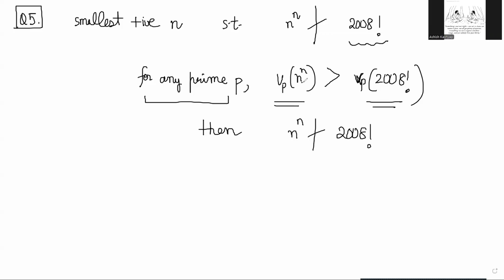VP of 2008 factorial is not difficult, but what will you do about the other ones? Surely VP of n is at least n, right?